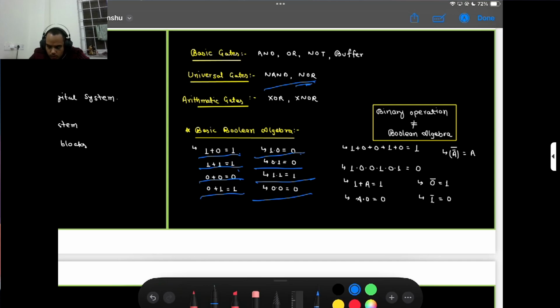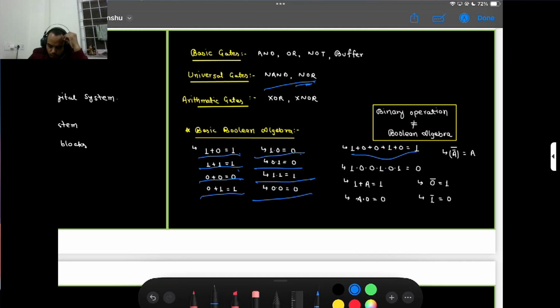For arithmetic operations we can add simply. That's the difference between arithmetic, binary operation and Boolean algebra. Remember, binary operation and Boolean algebra are totally different.